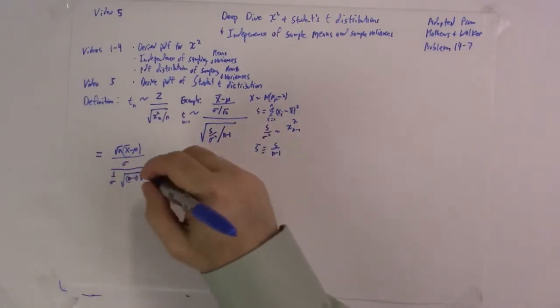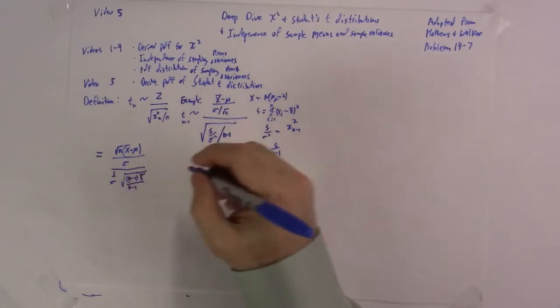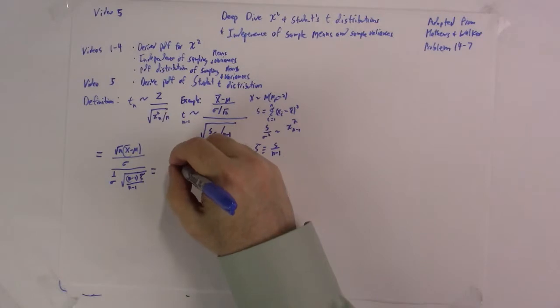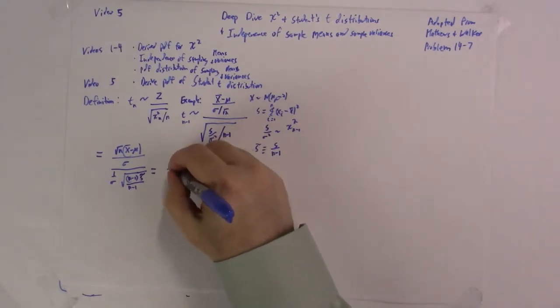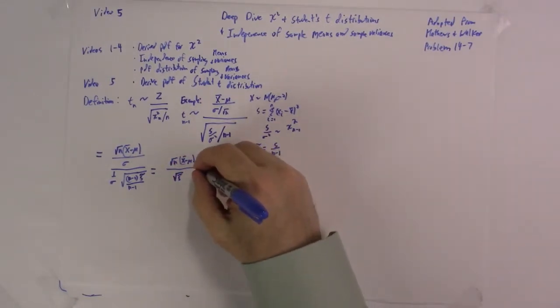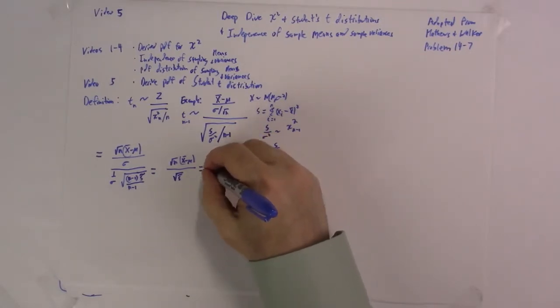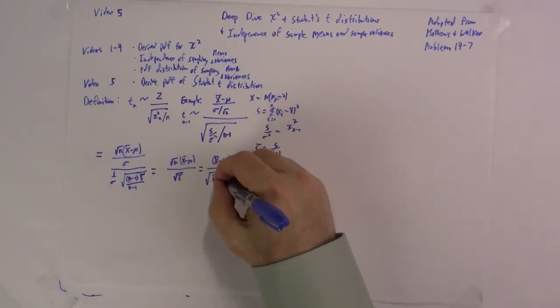I took the sigma out, and then I still have the n minus 1 to divide by. And this is equal to the square root of n times x bar minus mu divided by the square root of s tilde, which is x bar minus mu divided by the square root of s tilde over n.